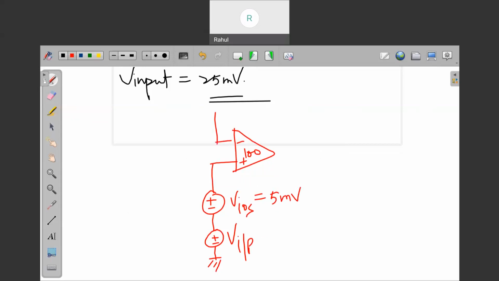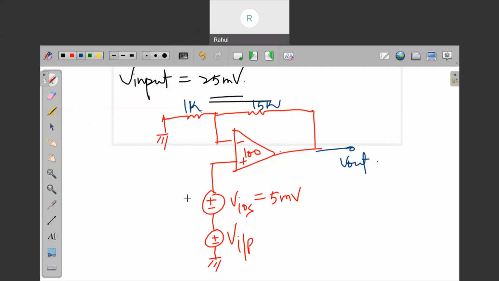And they have given this in non-inverting stage, right? So this is 1K, and this guy is 15K, and this is V out, right?